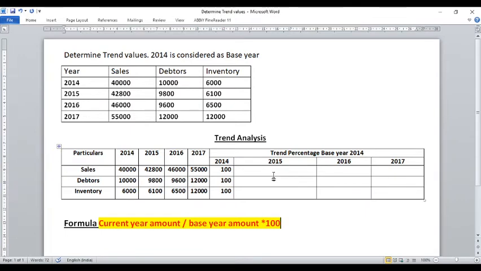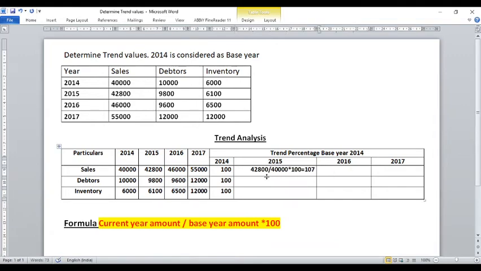We'll go to 2015 to do the calculation. If you see 2015 for sales, the amount is 42,800. So it is 42,800 divided by your base year 2014 amount, which is 40,000, into 100, you get an answer of 107.